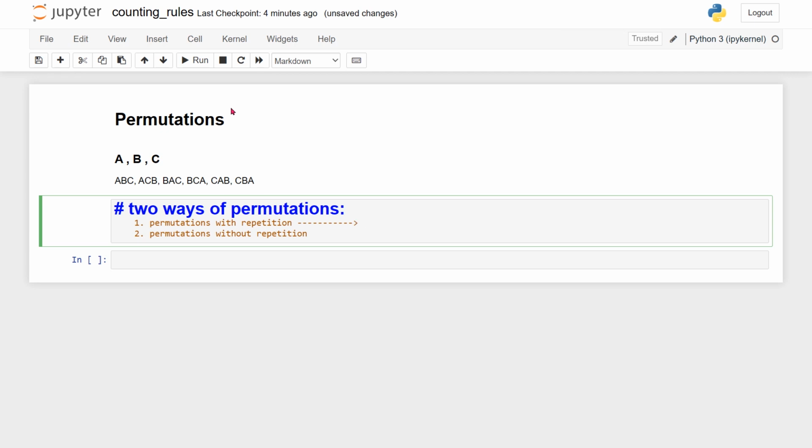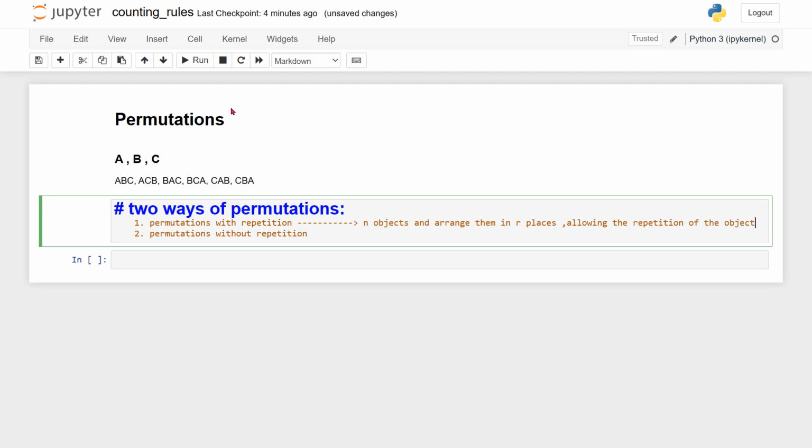So here, for permutation with repetition, we have n objects and we want to arrange them in r places, allowing the repetition of the object.